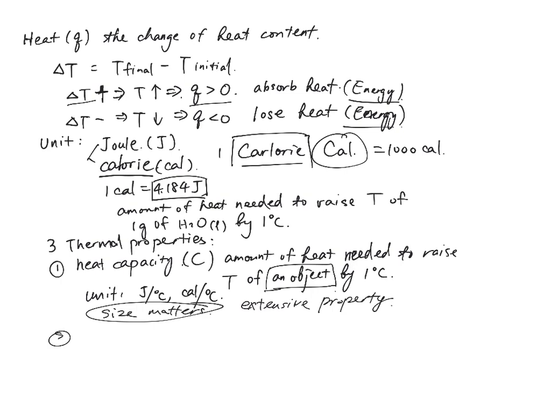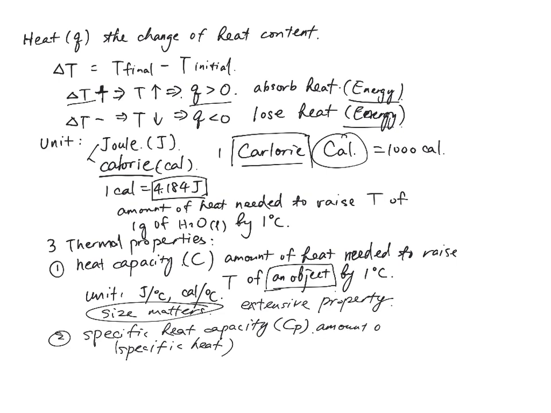Okay. Thermal property number 2 is called specific heat capacity, or in short, people also call it specific heat. Same thing. Okay. Now, we use capital letter C sub P to represent it. Now, the definition is actually very similar to heat capacity.